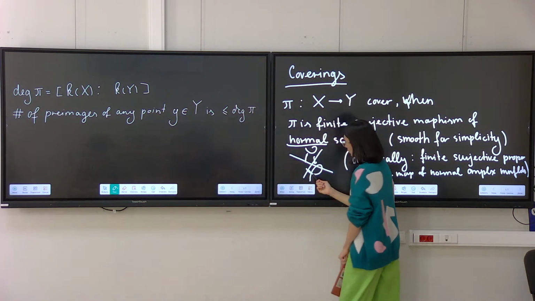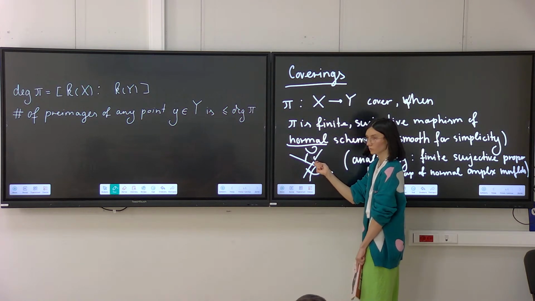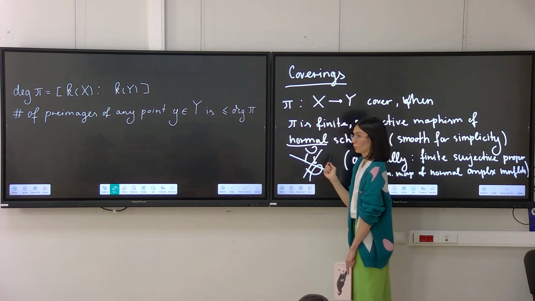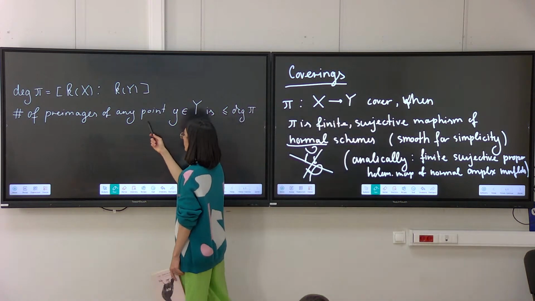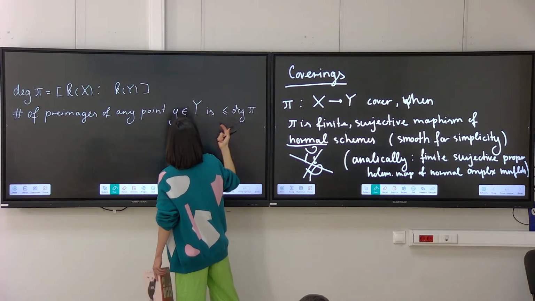Here you see over the nodal point we have 2 points, right? And in this setting it's not allowed. The number of pre-images is always less than or equal to the degree of pi.